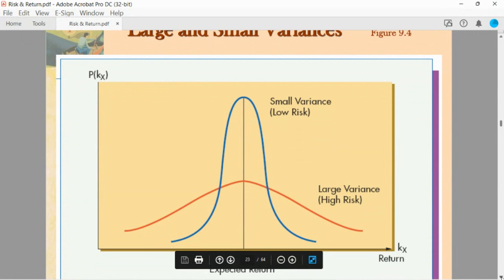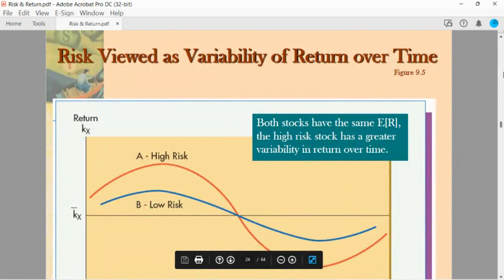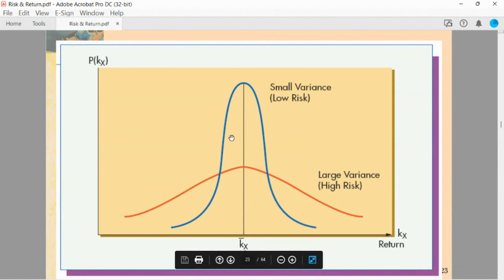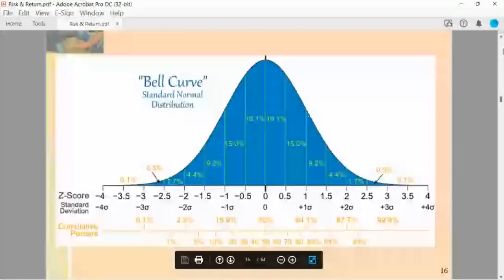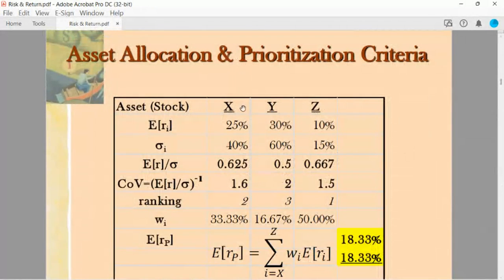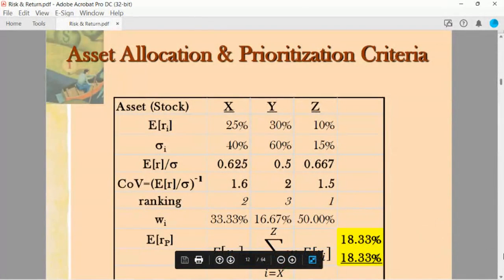And if both distributions have the same mean, then which one is better? Of course, the blue one is better because this is exactly the concept of mean variance ratio, right? Remember, Z was most preferred because its mean variance ratio was the highest, right?